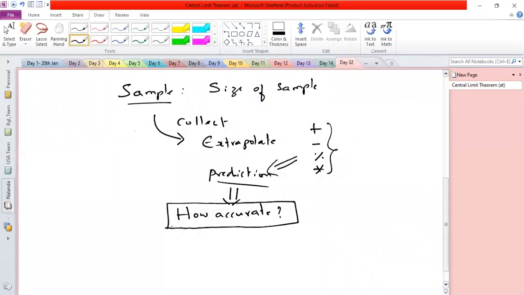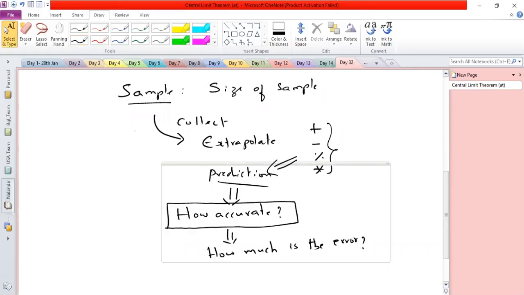Let us assume there is some accuracy brought into your process of predicting the population parameters. The next question is: how much is the error? That is the next important question that you need to answer.